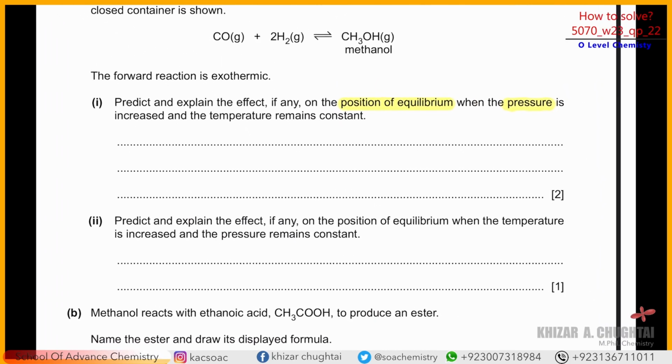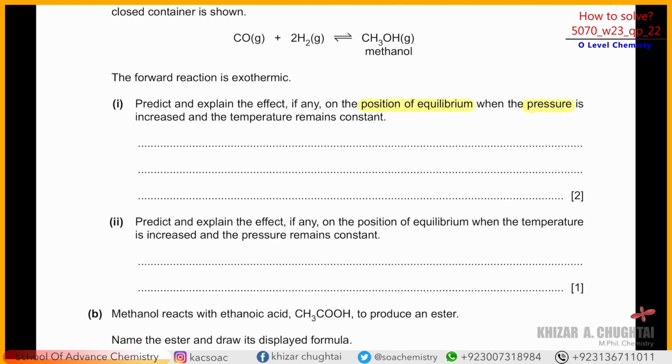This reaction is exothermic, but pressure isn't concerned with the exothermic or endothermic nature. The effect of pressure is concerned with the number of moles present on both sides. So let me check. 1 mole, 2 mole, overall moles equal to 3, goes to 1. So the ratio is 3:1.